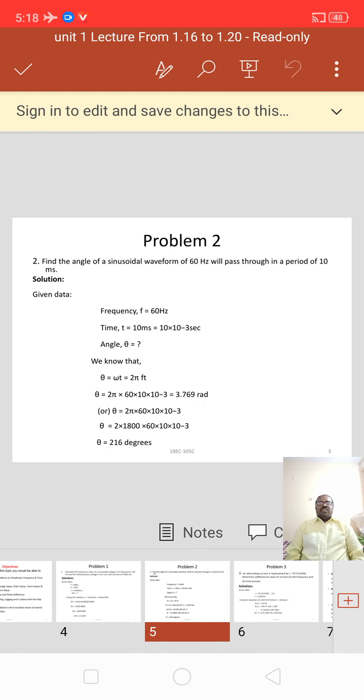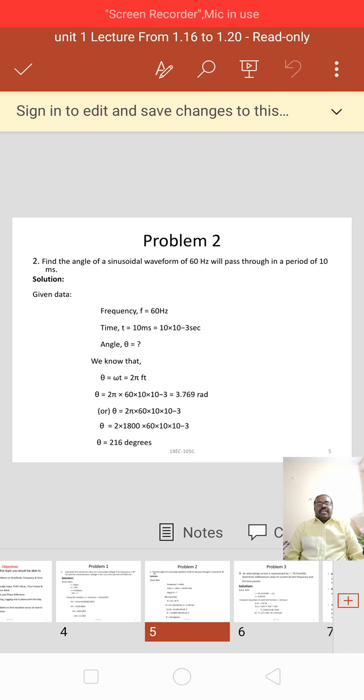Problem 2. Find the angle that a sinusoidal waveform of 60 Hz will pass through in a period of 10 milliseconds. Frequency f equal to 60 Hz, time period t equal to 10 milliseconds, that equals 10 into 10 power minus 3 seconds, angle theta equal to how much. We want to find the value of the angle.